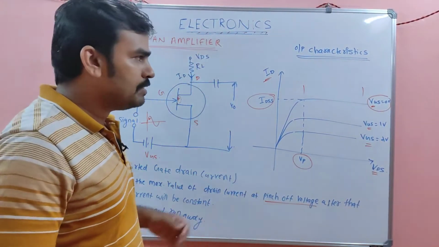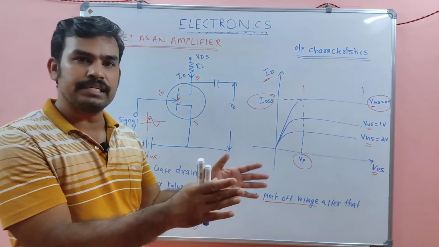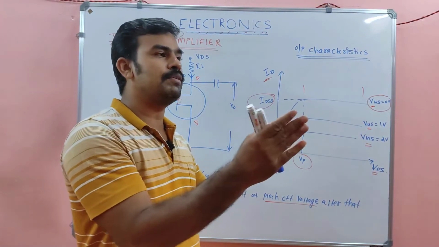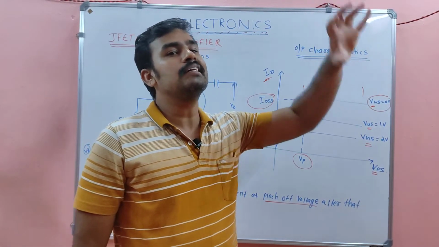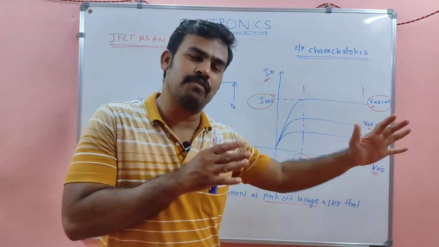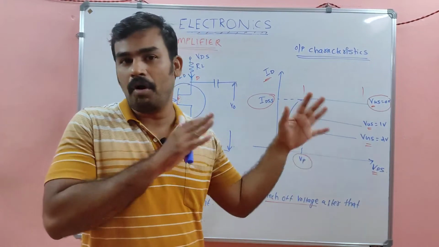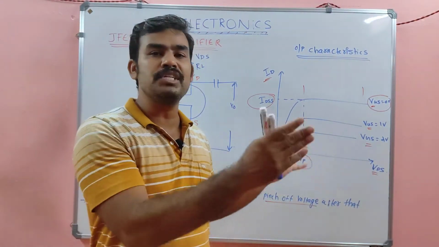But in the case of a JFET, my dear, since the channel width is limited, since the channel is within a specific limit, there will not be any increase in current beyond a particular value to a very large extent. Not equal to the BJT, but very much higher than the BJT, it can limit the current.